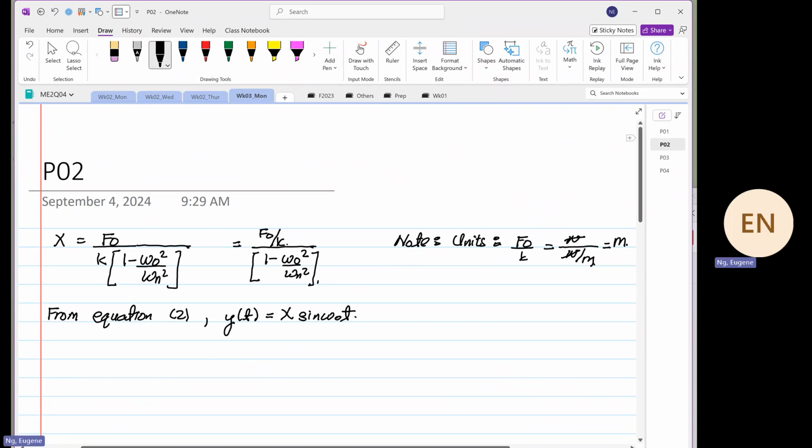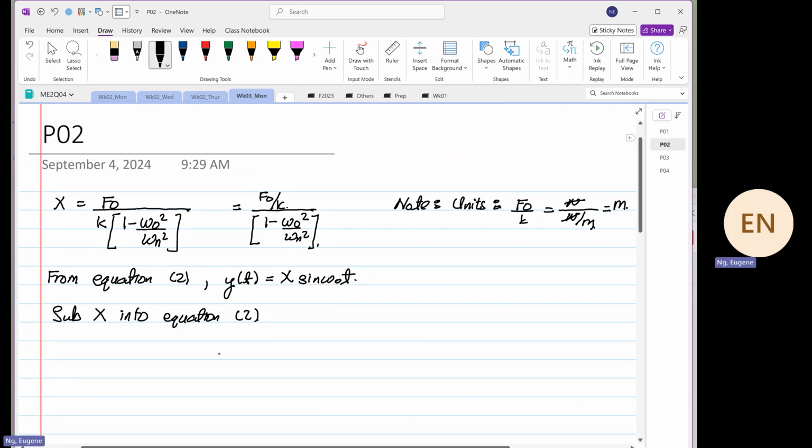And when you substitute x into equation number 2, what you tend to have now is y of t equal to f naught over k, over 1 minus omega naught squared over omega n squared, times sine omega naught t.